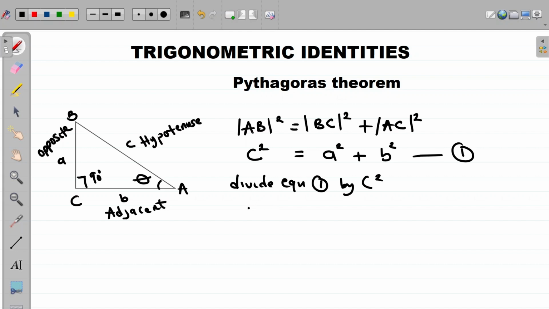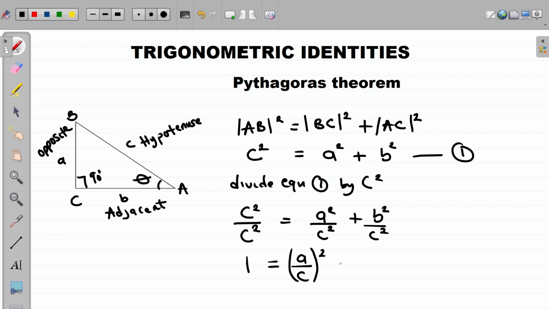Our equation becomes C squared divided by C squared equal to A squared divided by C squared plus B squared divided by C squared. So from our left hand side, C squared divided by C squared is equal to 1, equal to A divided by C all squared plus B divided by C all squared.